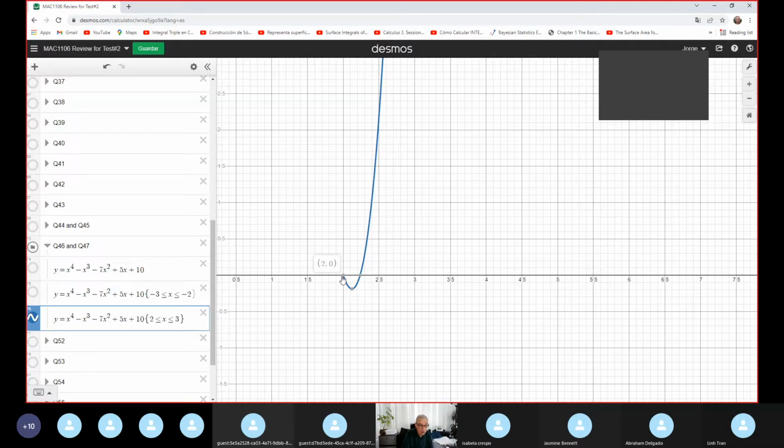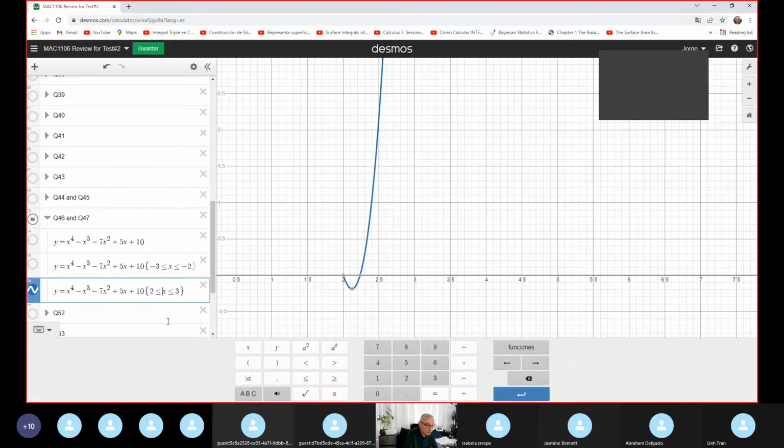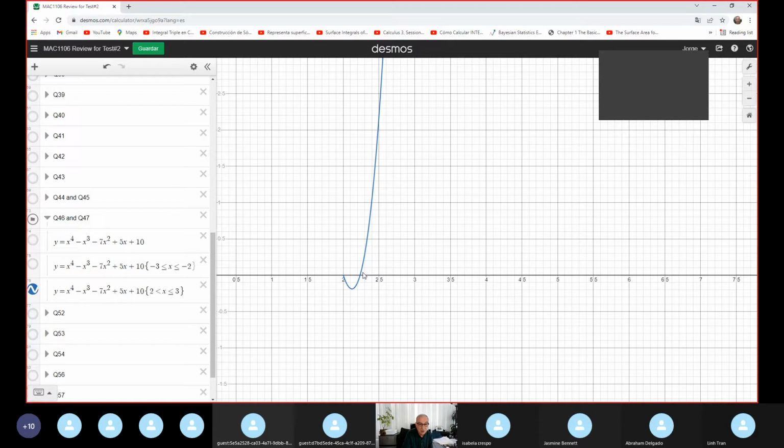The reason is that 2 is also a solution, but 2 is not included inside this interval. Actually, I could be wrong here. It's less than or equal. No, it's less than, not equal, in the original problem. But I can fix it now if you want. This doesn't change the idea. Let me delete, less than, done. Do you see? Now when you click here, you see only 2.